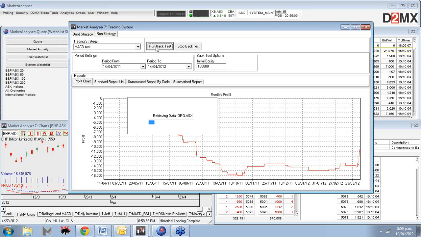So if it doesn't work in the past, there's very little chance it will work in the future, except pure luck. But if it does work in the past, then there is a good chance that that will work in the future. Not a guarantee, but a chance that it will work. And that's what we're looking for when we run tests like this.